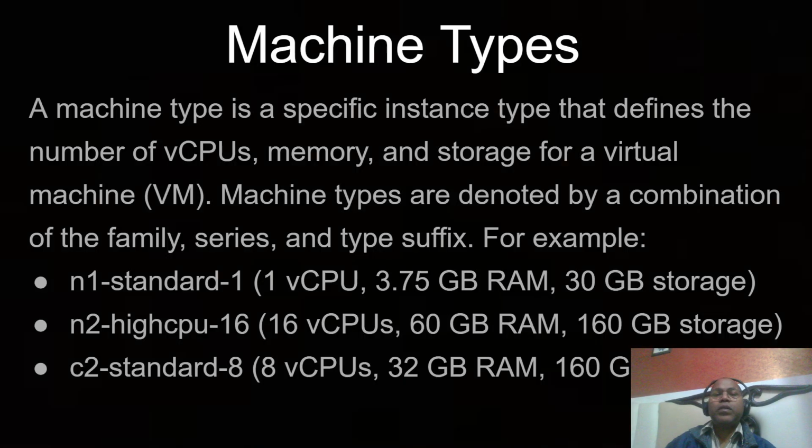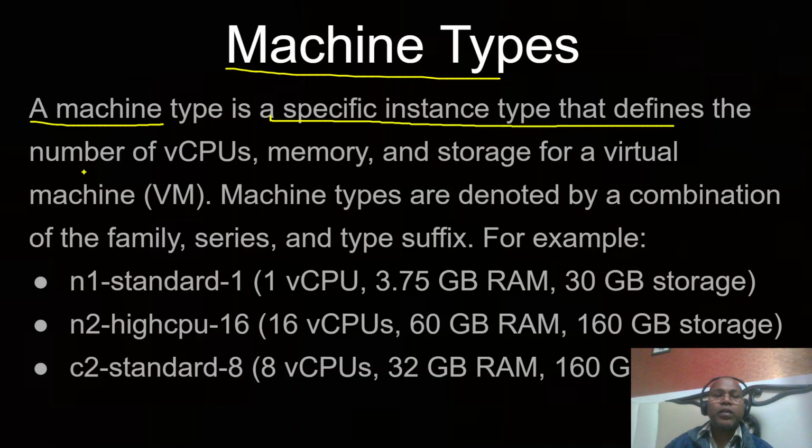So let's talk about machine type. A machine type is a specific instance type that defines the number of CPUs, memory, and storage. Whenever you talk about machine types, always consider three parameters: the number of virtual CPUs you want, the amount of memory the application requires to run, and how much storage you want, disk storage, for your VM.